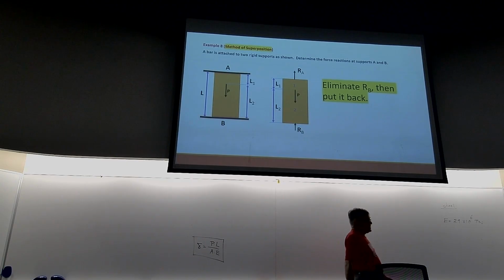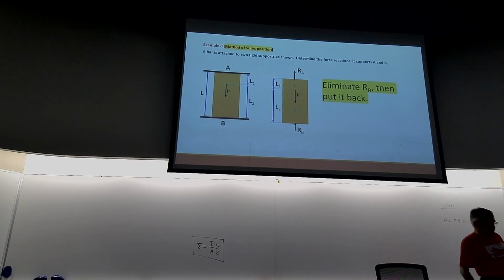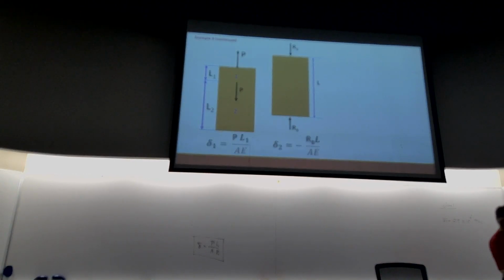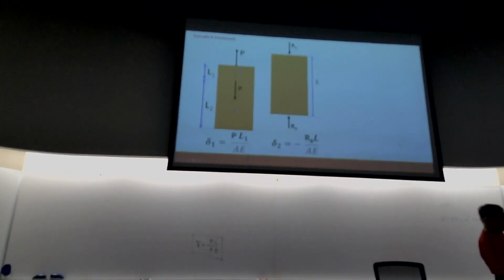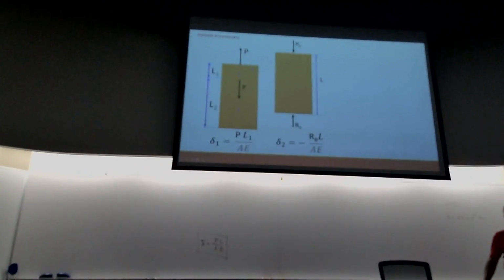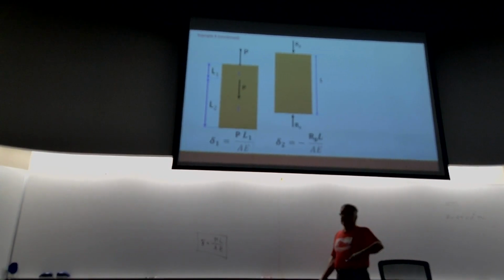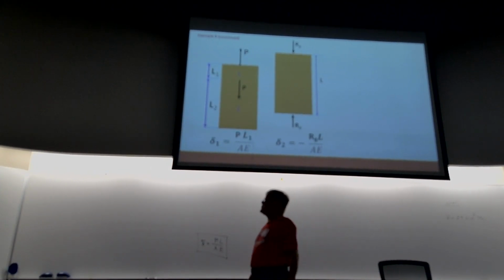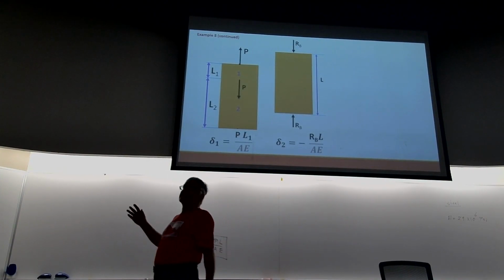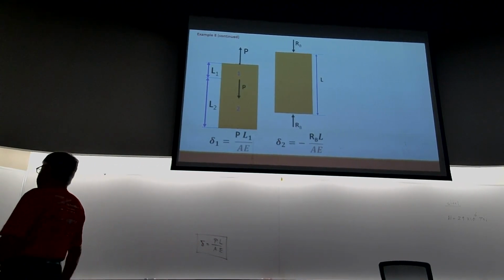So if that's the case, we're going to end up with this. The force P is applied here. Clearly, RB has been removed, so we have the same force P at the top in order to have equilibrium.